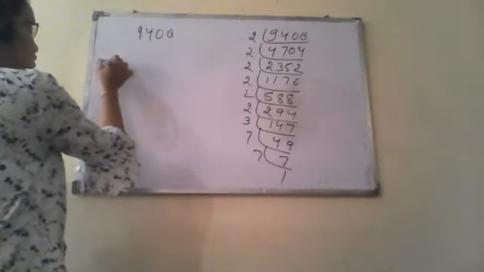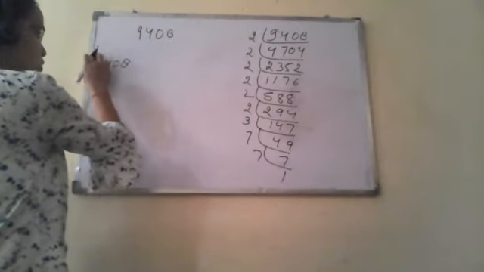So prime factors of 9408, we have to find this. We don't have to find this.